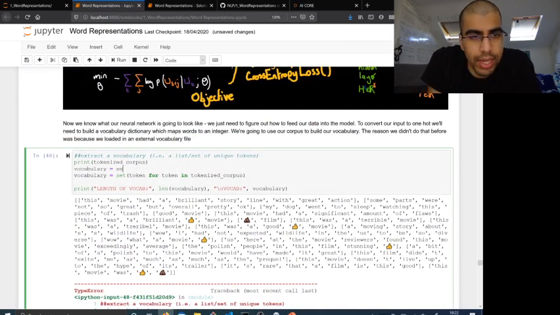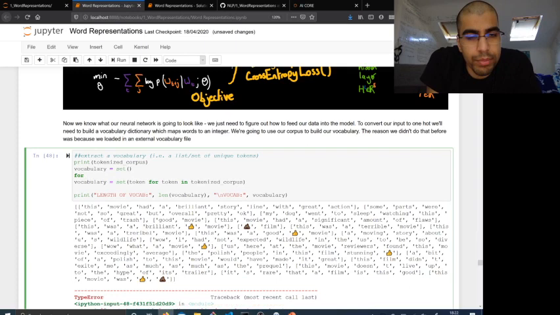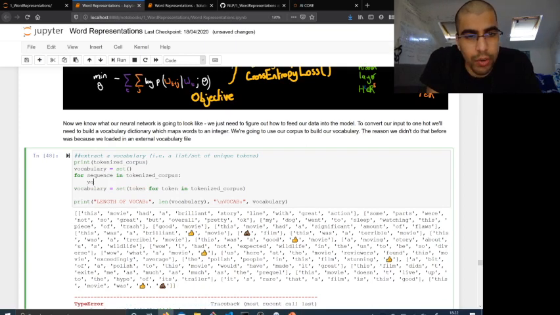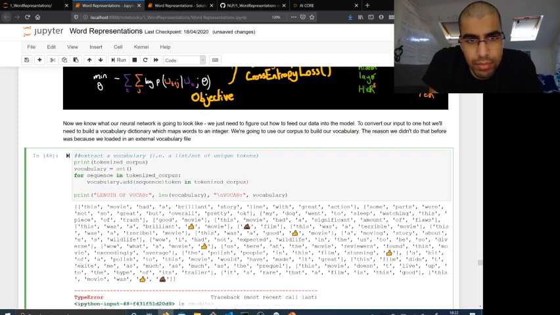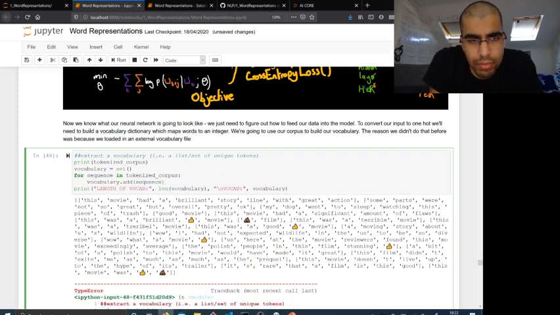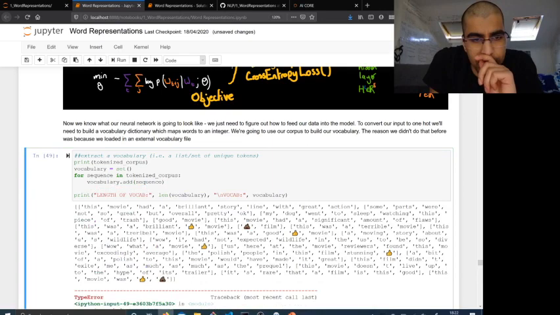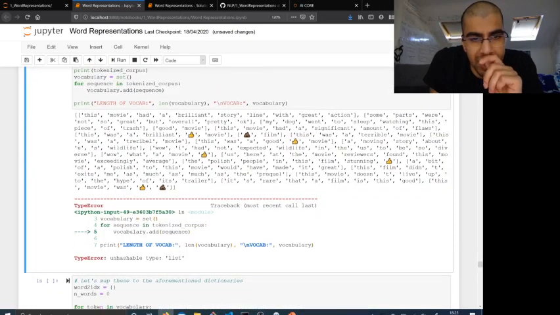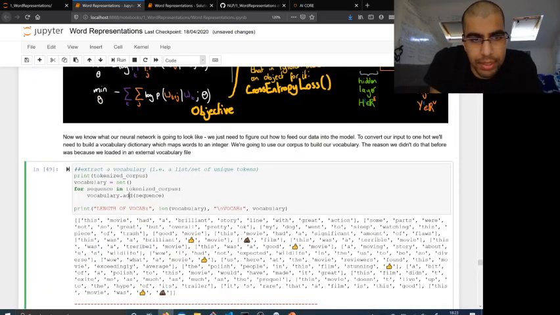Vocabulary equals set. For sequence in tokenized corpus, we're going to do vocabulary dot add, I believe it is, sequence. Unhashable type list, maybe it's update.